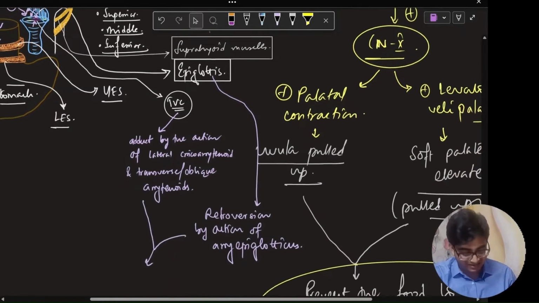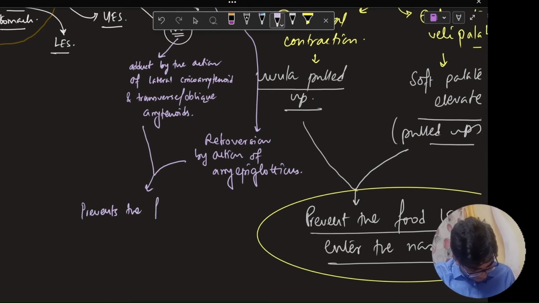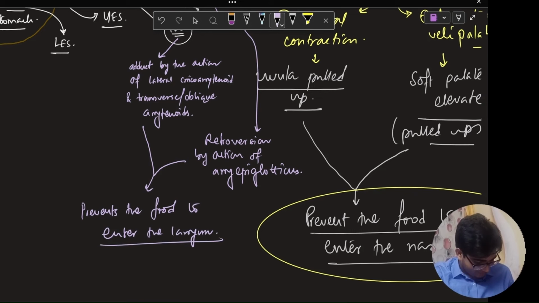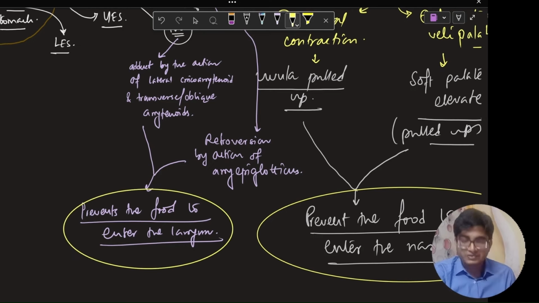Thus food entry into the larynx, which is unwanted, is prevented. So it will prevent the food from entering the larynx. Correct?